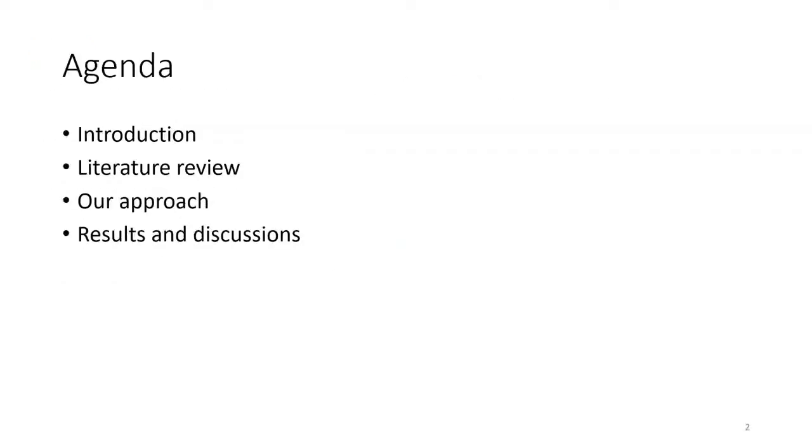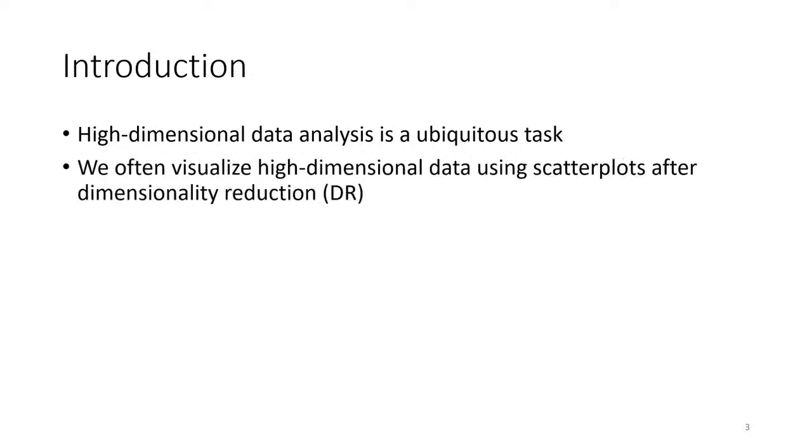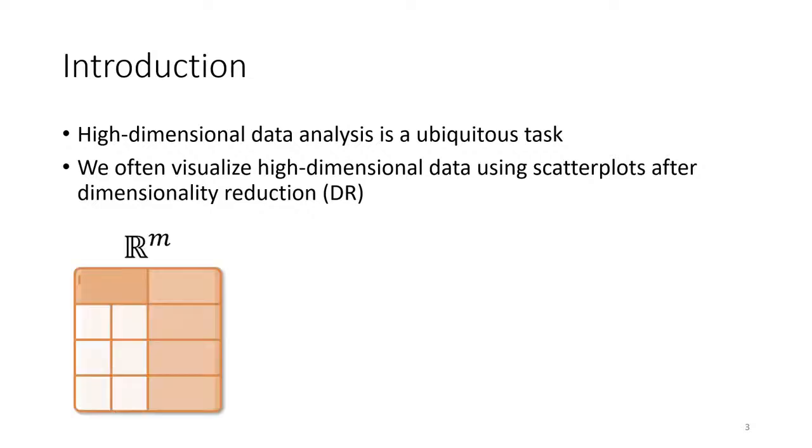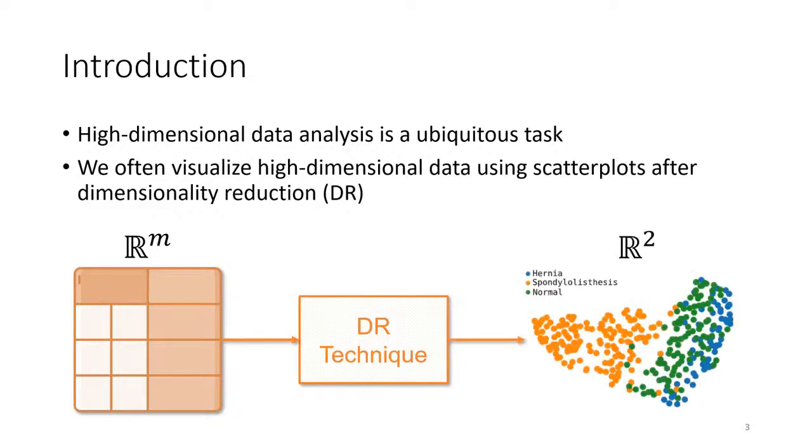Here's our agenda. We use high-dimensional data analysis most of the time when working with data. We often visualize high-dimensional data using scatterplots after dimensionality reduction. For example, if I have high-dimensional data, I can use a DR technique to project it into R2.